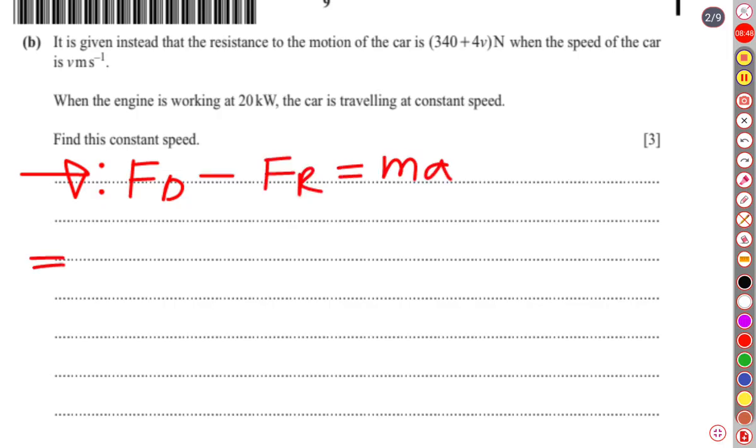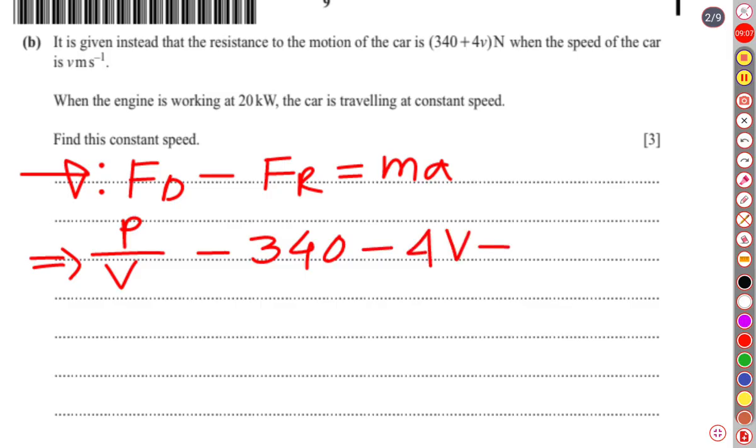So driving force is again the same formula, power over velocity, minus resistance to motion, which is given as 340 plus 4v. Instead of plus, let us write minus 4v. And you know the resistance due to weight is mg sine 0 degree.